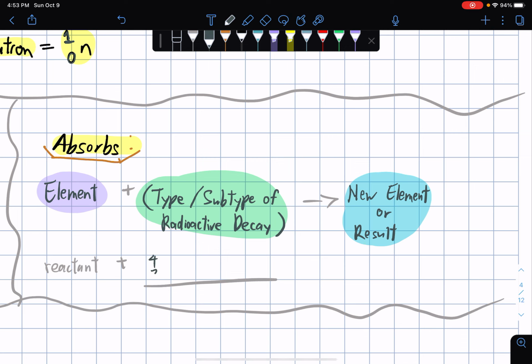So it's either alpha decay, beta decay, or in other words electron capture, gamma decay, or positron emission. Then we put the product here, the final element or the result from these two reactants.